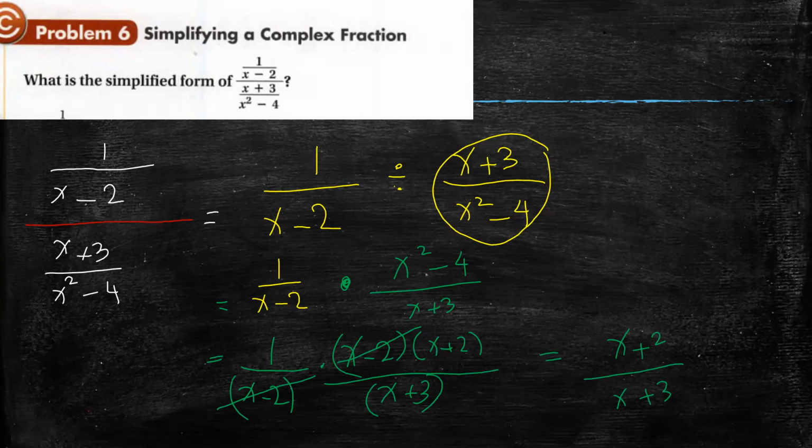Teacher, I have a question. How can we simplify x squared minus 4x plus 18? 18 doesn't have any factors that equal 4. Yeah, because 18 has 9 and 2 only.